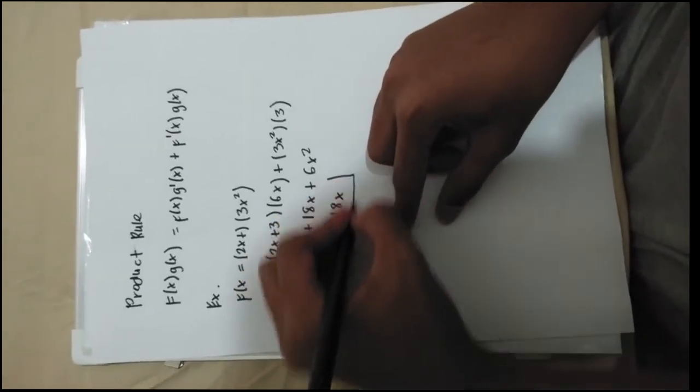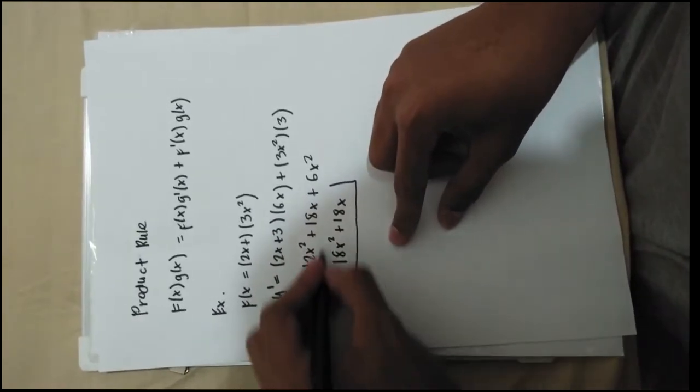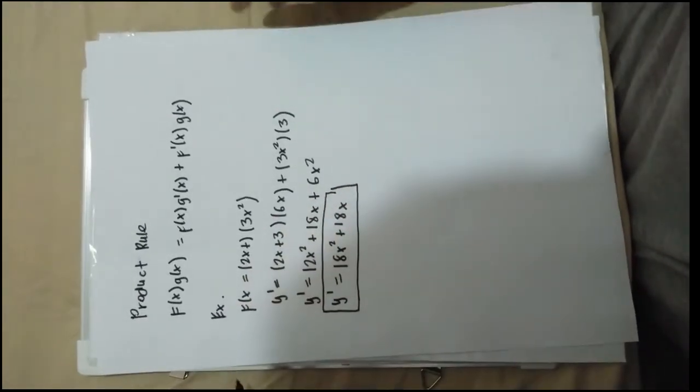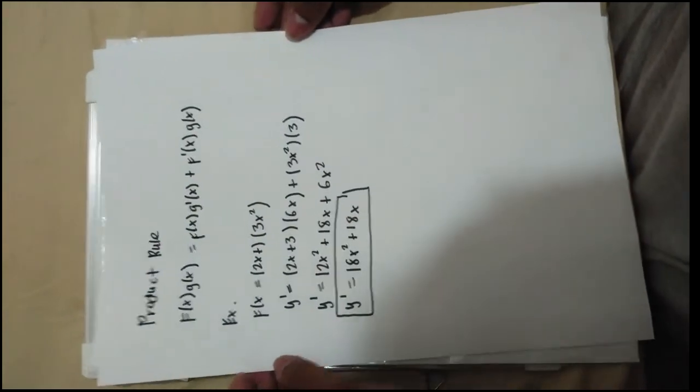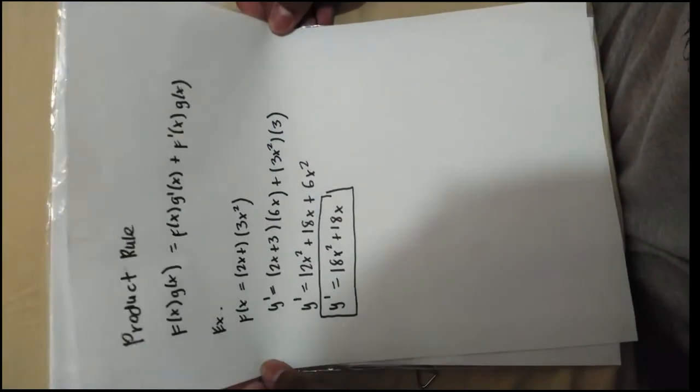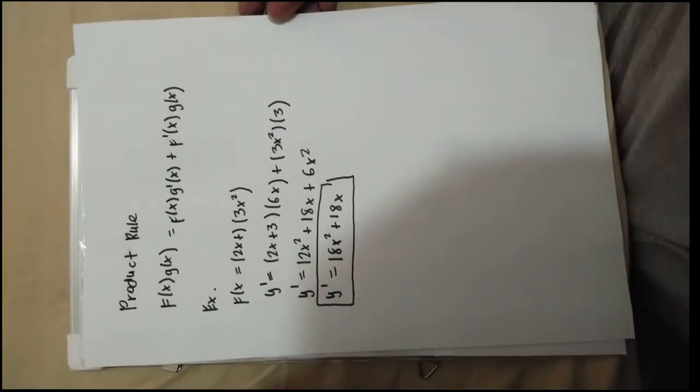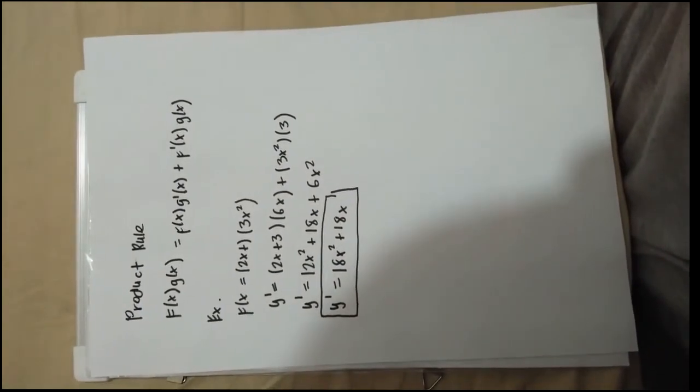Now there's your answer. Using the product rule lets you take the derivative of harder products of functions. So that's it.